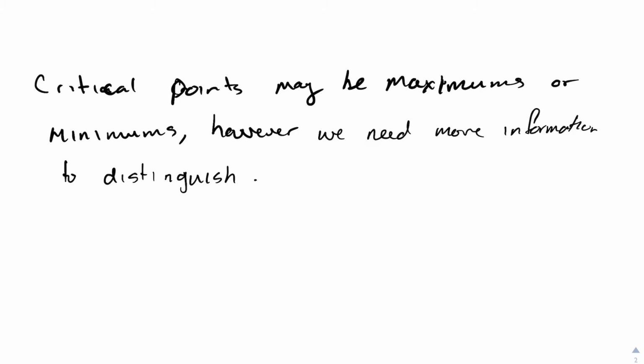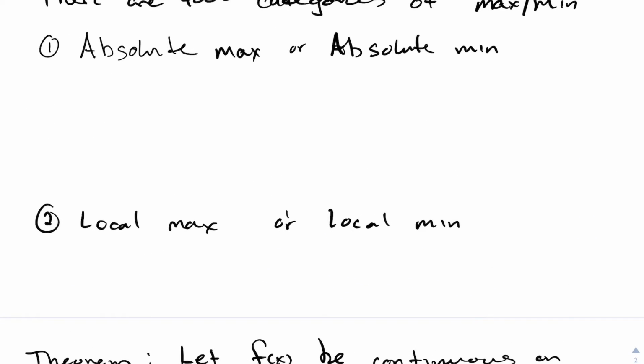And so what we're going to do now is talk about two categories of max and min values. They can be absolute max or absolute mins, or they could be local max or local mins. And an absolute max, f of c, is greater than or equal to f of x, right? So our point C is greater than f of x for all values of x.